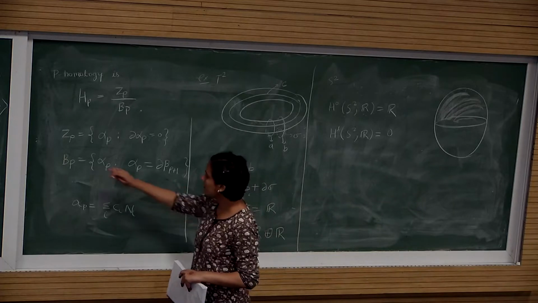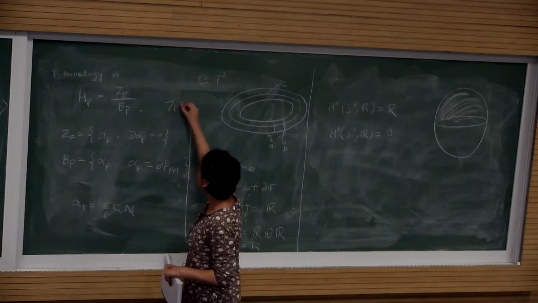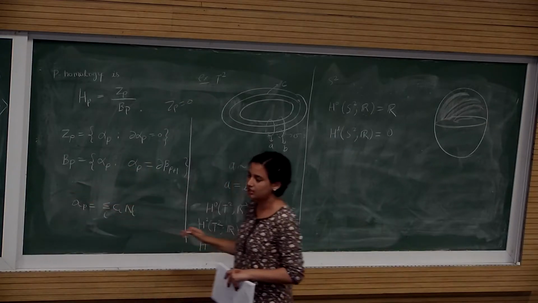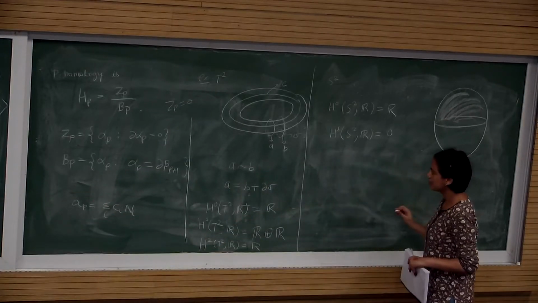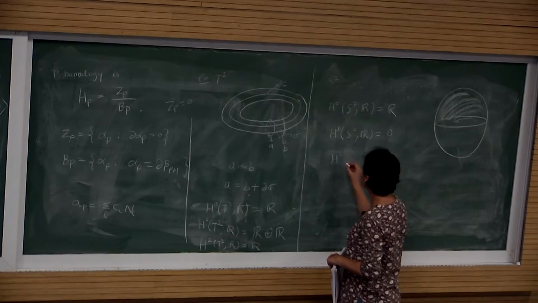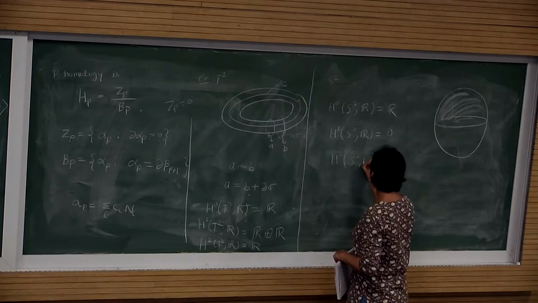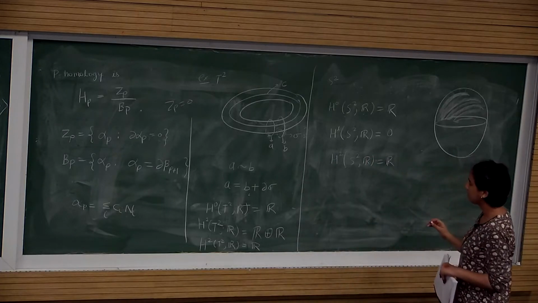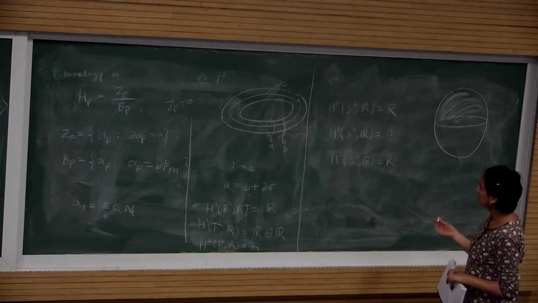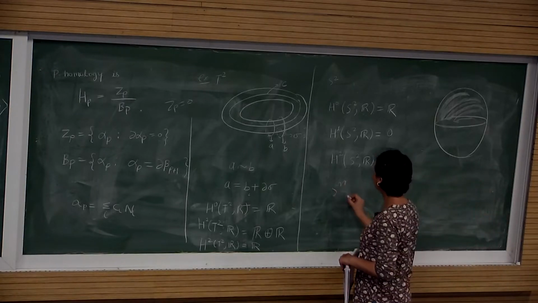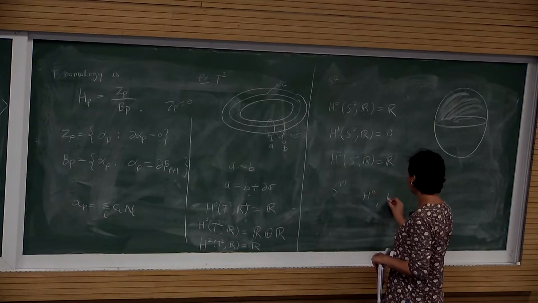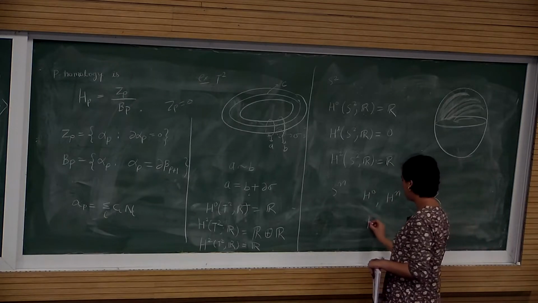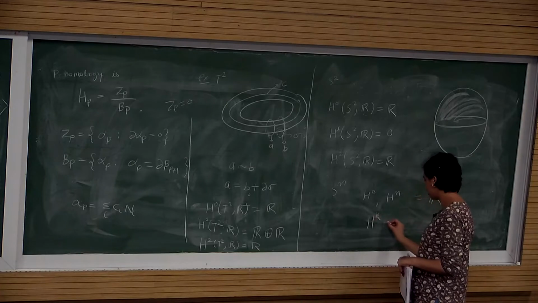So basically ZP is 0, all the chains lie in the BP. So that's why H1 of S2 over R is 0, and then H2 is again trivial because we are taking the whole sphere, which is boundaryless itself. Okay. So in general for Sn, only H0 and Hn are R, and all other homology classes are empty.